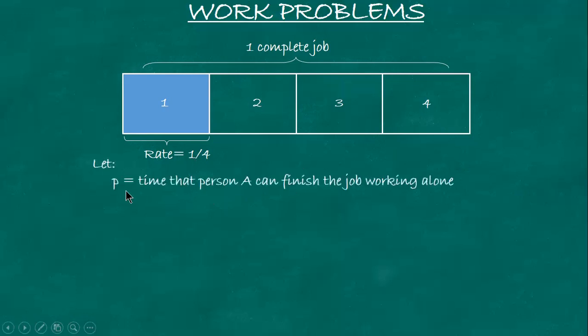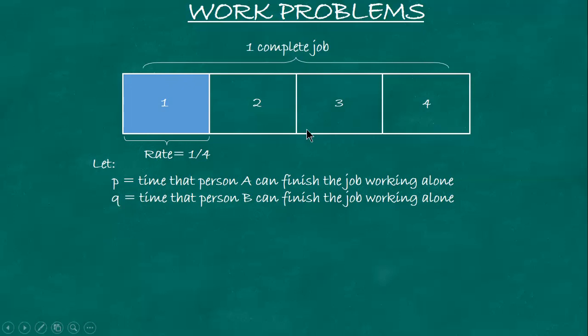Let us assign letter P, mao na ang time that person A can finish the job working alone. Working alone, siya lang isa. And then Q, be the time that person B can finish the job working alone.